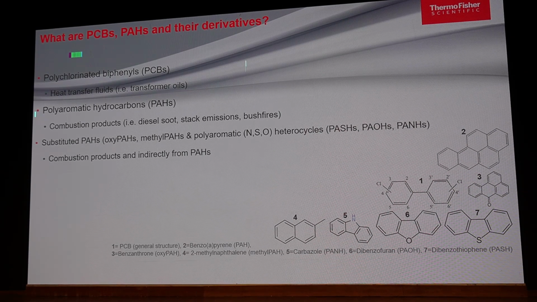PAHs, PCBs and their related derivatives may be listed depending upon the regulatory requirements, so which regulation you are following for your analysis: EU, UK, US, China or Indian regulations. Based upon that requirement, your list may vary as well as your permissible limits.